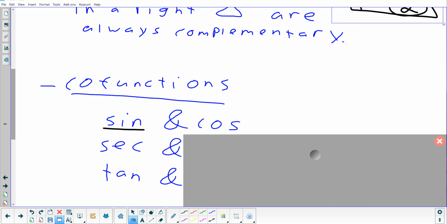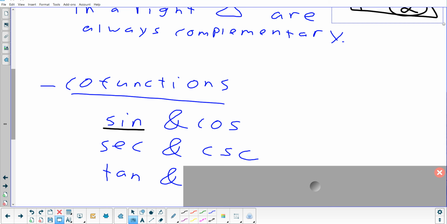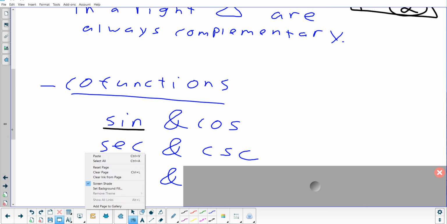So sine and cosine are what we call cofunctions. How about secant? What would be the cofunction of secant? Yeah. Cosecant.